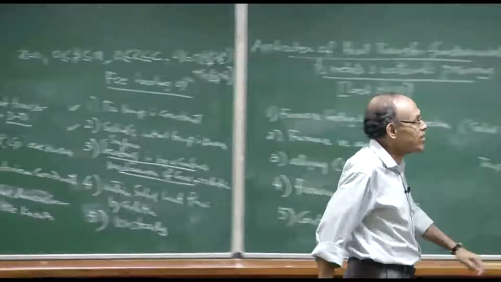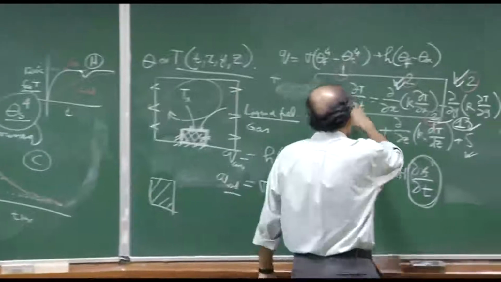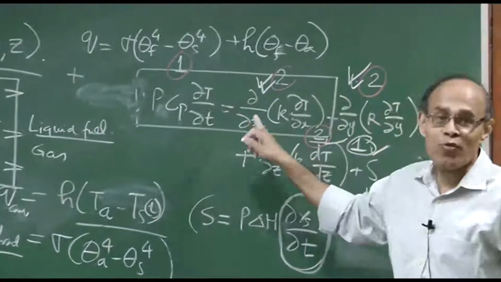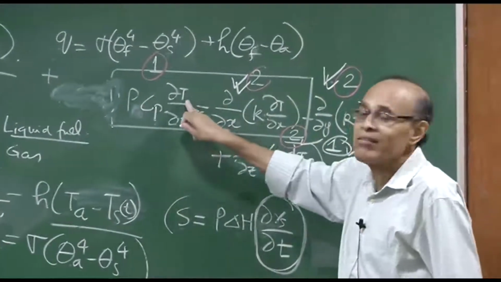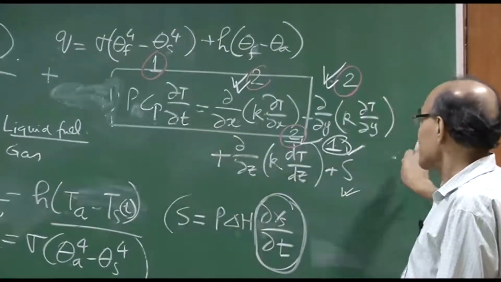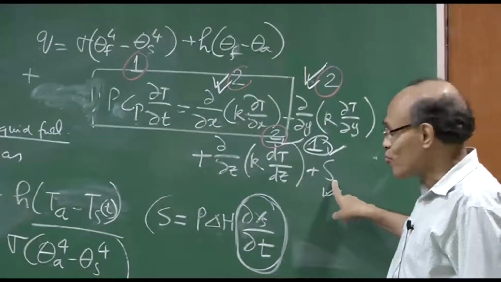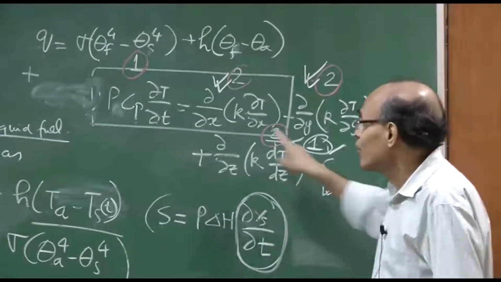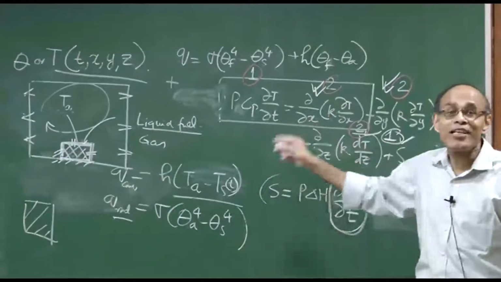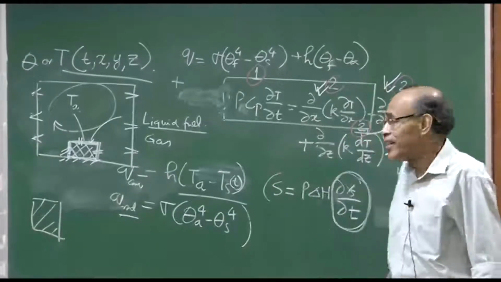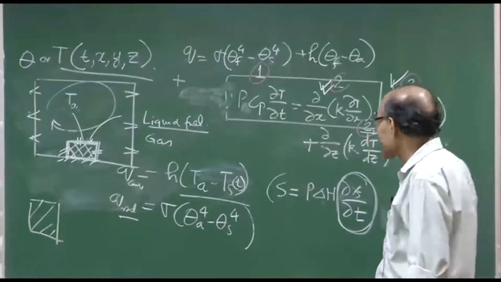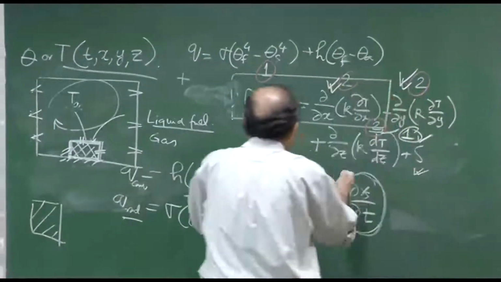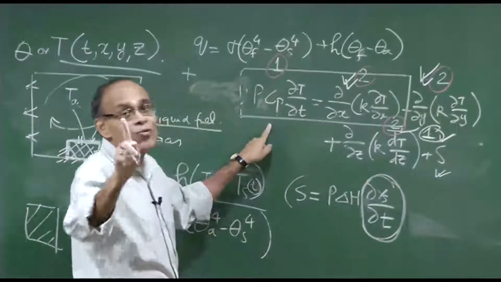We must understand that this equation essentially is one equation, one unknown, that unknown being T. So, all other parameters must be known. The S is to be known to us, to be calculated iteratively because it is a function of temperature. Rho, Cp, K, thermal conductivity, etc. are to be given to us in terms of their constitutive relationships, such that this equation boils down to one equation and one unknown.